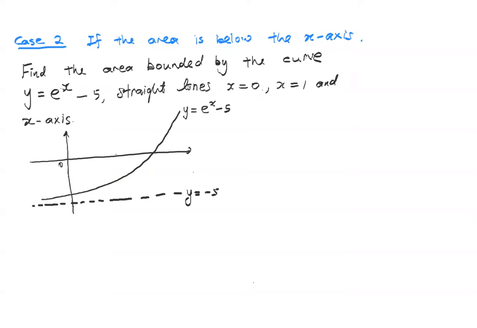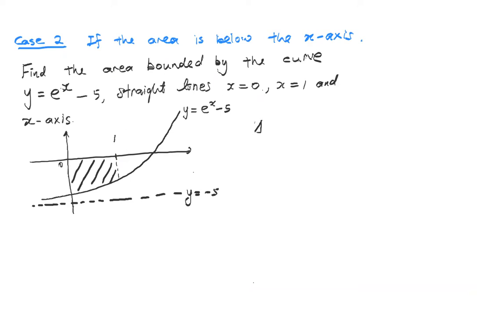Okay, so 1 is here. So you look, this is the area that the question is talking about. Now the difference from the first one is that the area is below the x-axis. So if the area is below the x-axis, you have to be very careful.